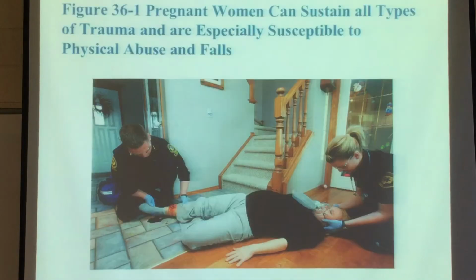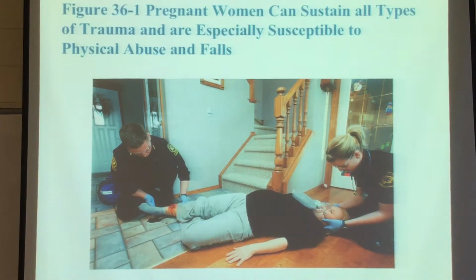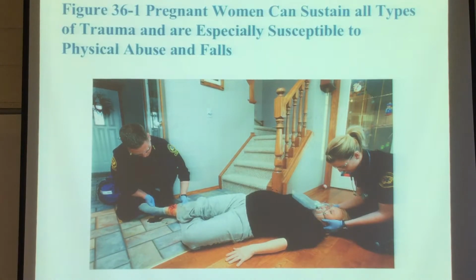All right, so our multi-systems trauma patient will require us to be very keen on understanding the mechanism of injury and putting together what type of assessments we're doing, and when we do our head-to-toe exam, what we are finding. Again, a multi-systems trauma patient is one that is affected by more than one system of injury.